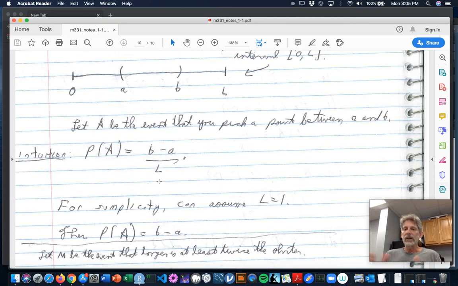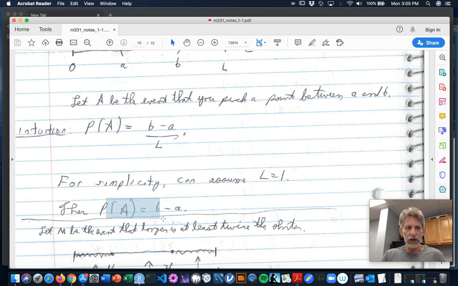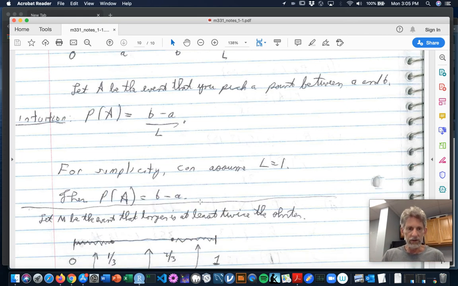Now, it really doesn't matter how long the interval is. I'm just going to assume the interval is 1. It could be 1 foot, 1 inch, 1 mile, 1 Homer unit. I'm just going to assume it's 1. And so then it makes it simpler. The probability would just be B minus A, the bigger number minus the lower endpoint on the interval.